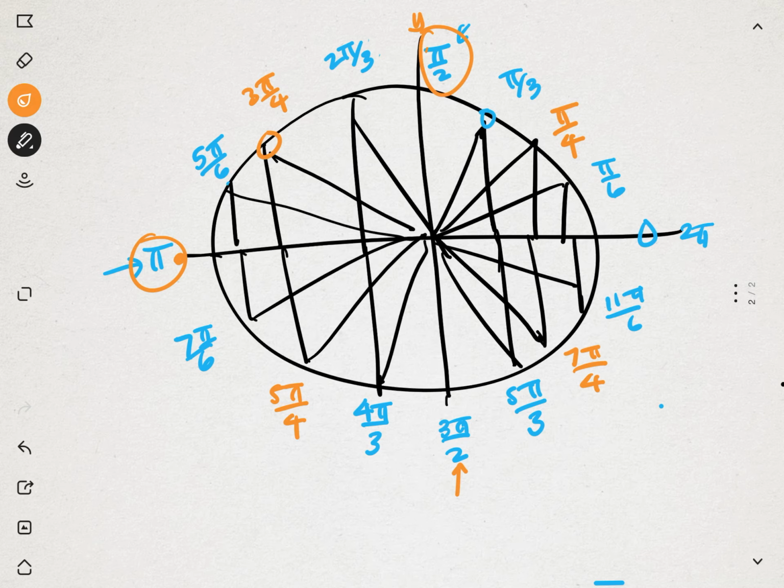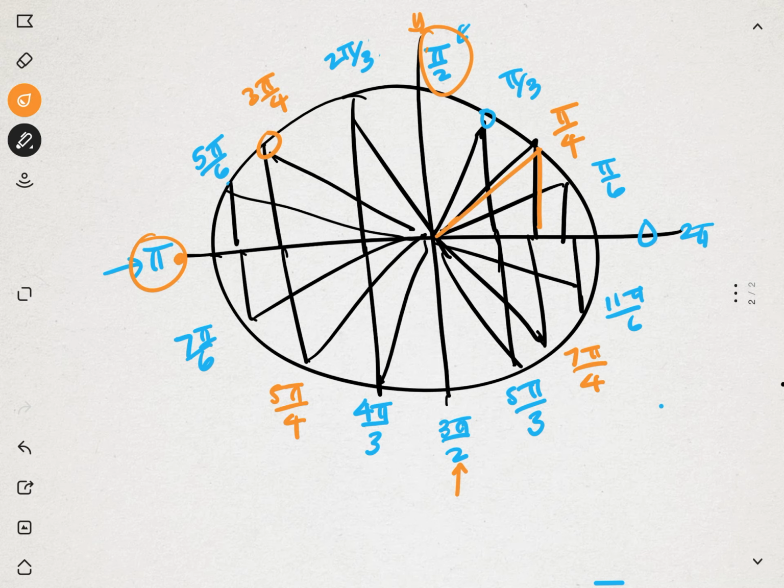So we can work our way with the pi over 6s all the way around the circle. As long as we reduce our fractions, we should be fine. And then we can do our pi over 4 separately. Those are the 45, 45, 90 degree ones, the middle ones. Each time we jump from there another 45 degrees, we're just going to add another pi over 4. And again, we're going to reduce it to get the proper fraction.